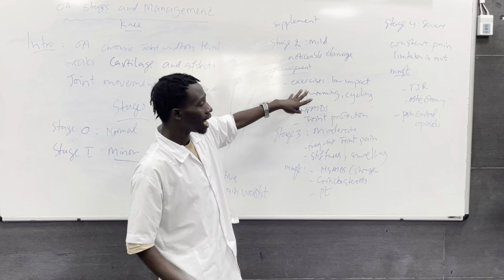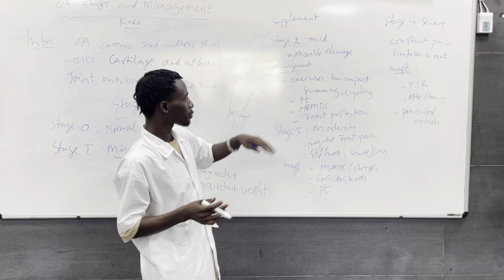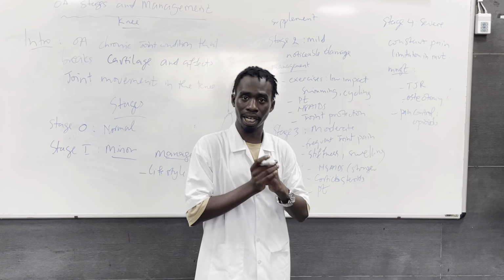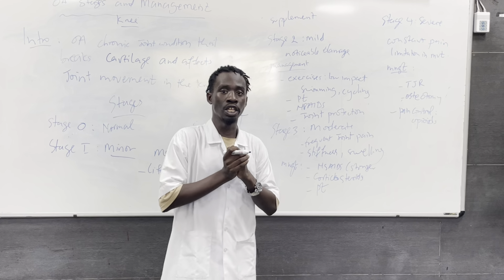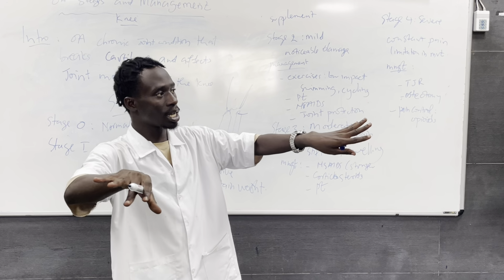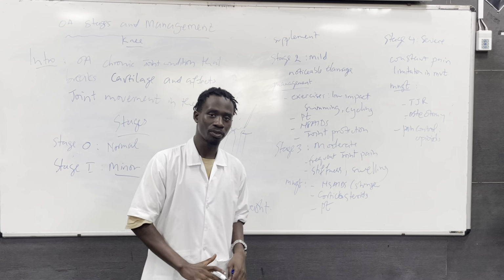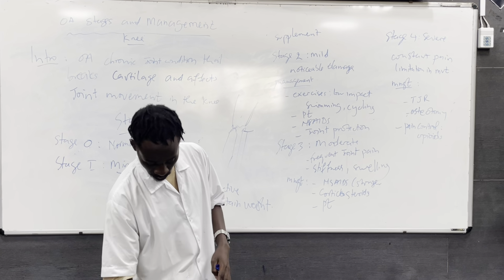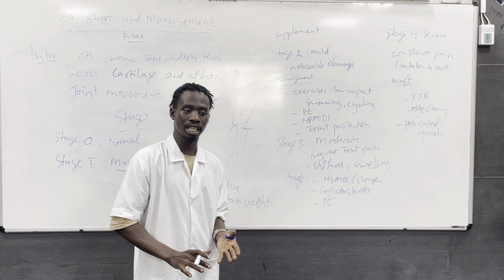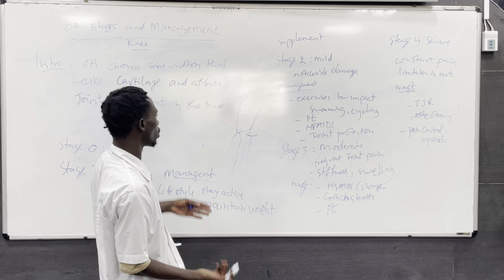If these changes happen, the management should sometimes include low impact exercises such as swimming and hydrotherapy. When someone is swimming, there are no weight bearing forces to the ground, which means the affected joint is not going to be aggravated further by the ground.